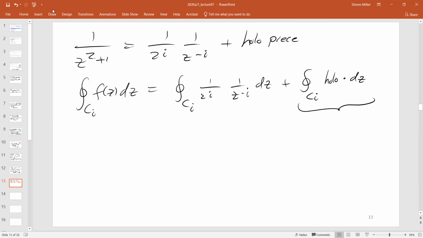What does this integral equal? It just equals 0. What does this integral equal? Yep. So this is going to be 1 over 2I times 2 pi I, which is equal to just pi.